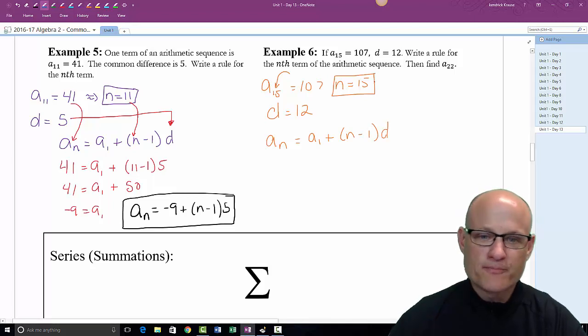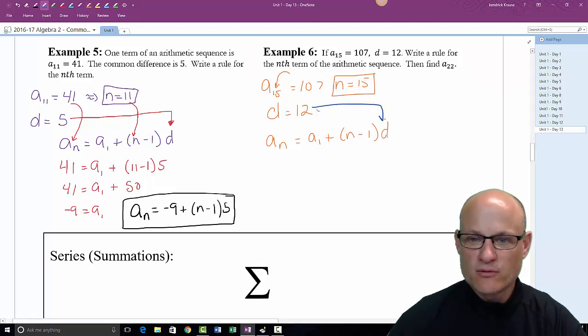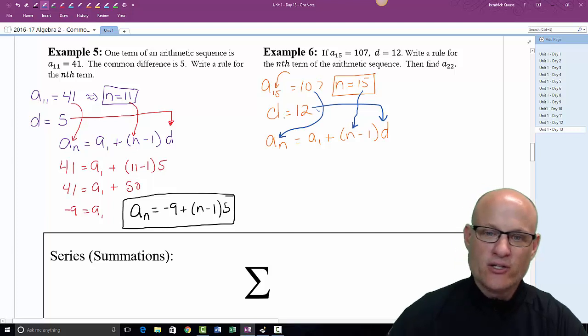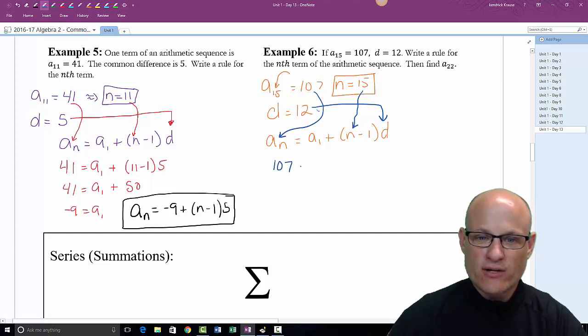Let's plug in what we know. We know d is 12. We know n is 15. And we also know a sub 15, which goes over here, is 107. So 107 is equal to a sub 1 plus 15 minus 1 times 12.